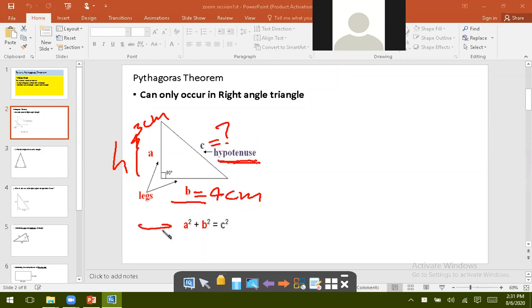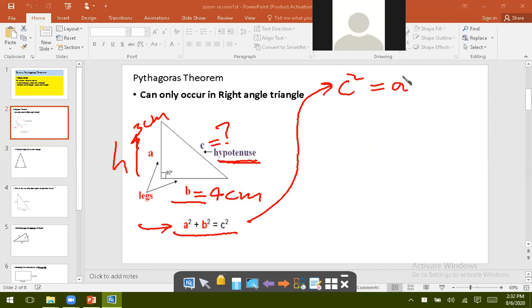So the formula is a squared plus b squared equals c squared, or you can write it as c squared, which is the longest side, equals a squared plus b squared.